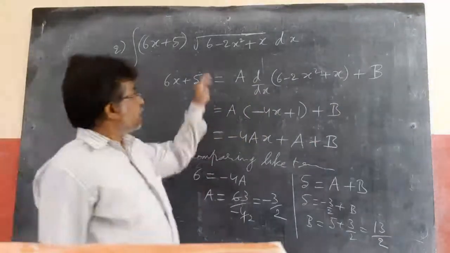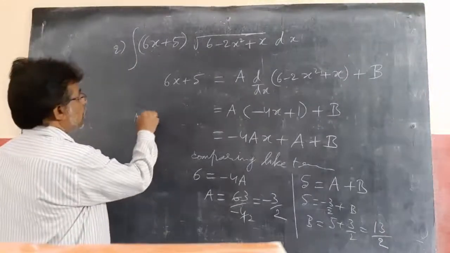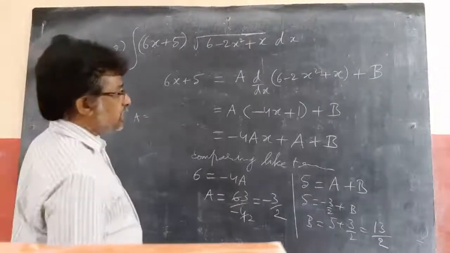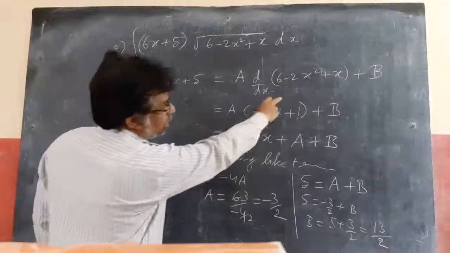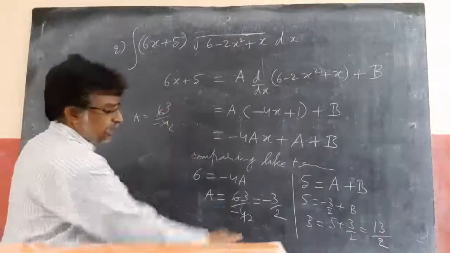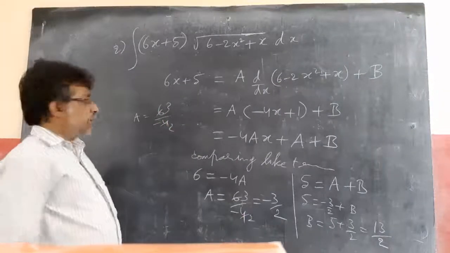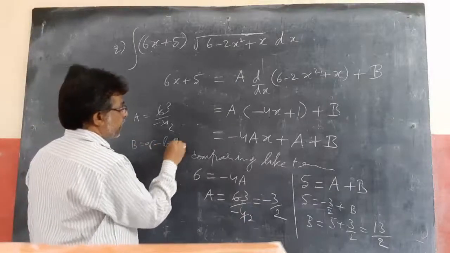Then we will substitute them. For finding a and b, I told you that a is equal to p by 2a always. What is p here? p is 6, by 2 into minus 2, which is minus 3 by 2. Directly you got it, or not? And the b value I told you: q minus b into p by 2a.